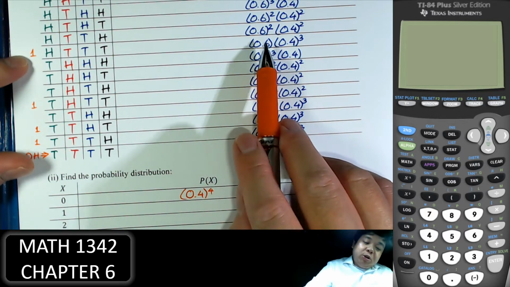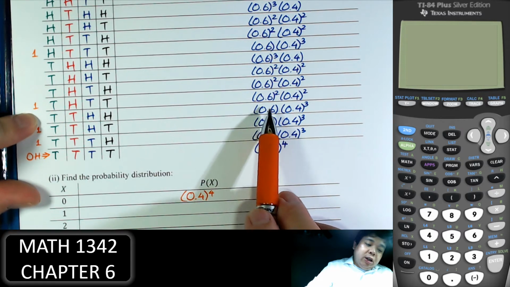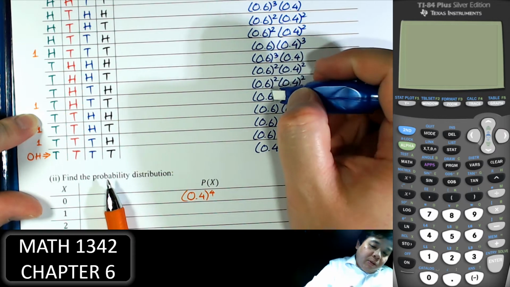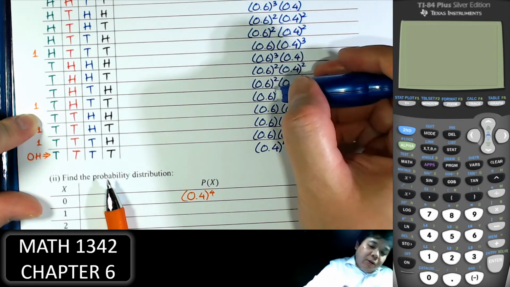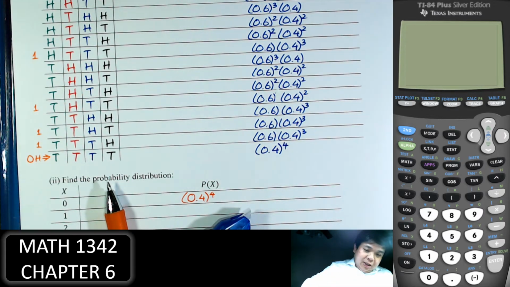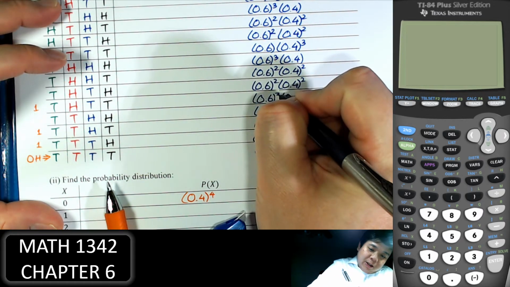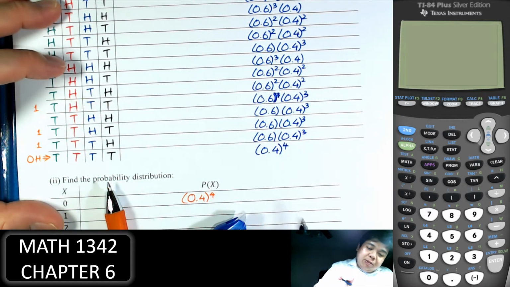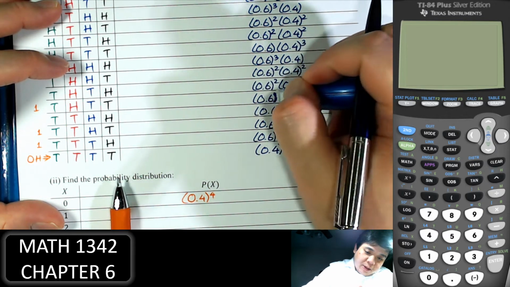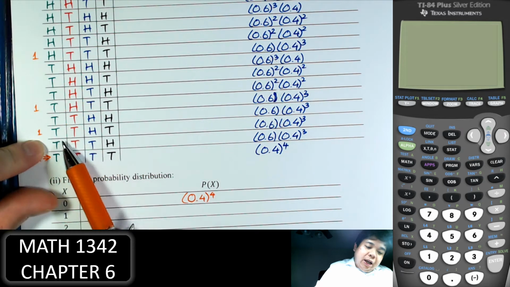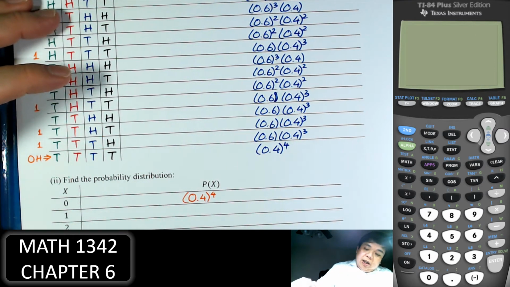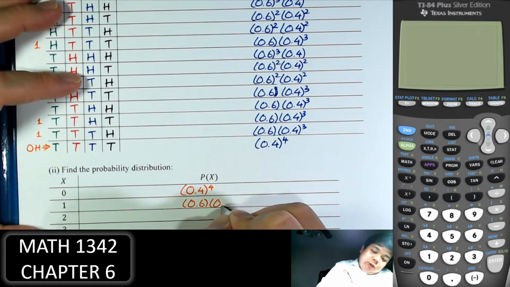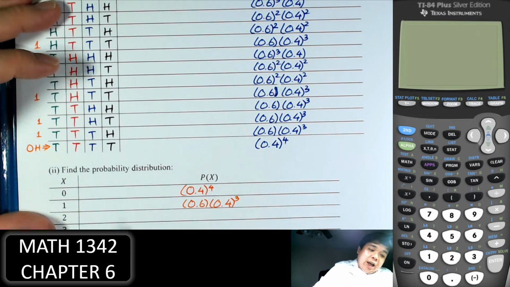Each one, of course, is 0.6 to the first power times 0.4 cubed. So the probability of getting 1 head is 0.6 times 0.4 cubed, and we have 1, 2, 3, 4.